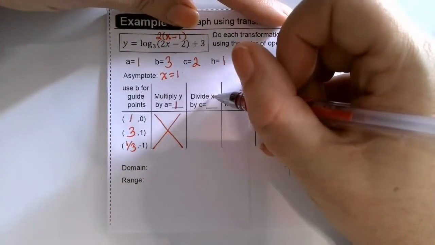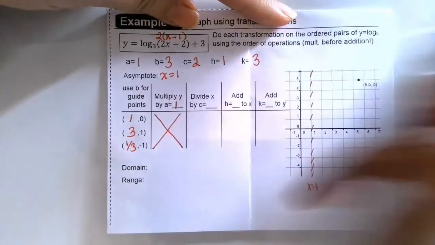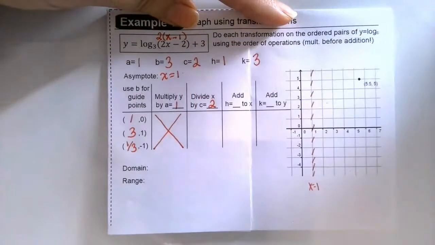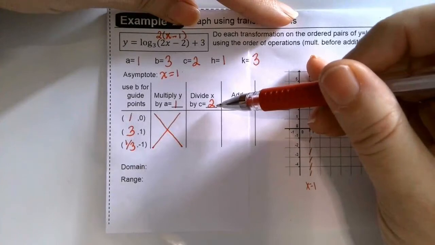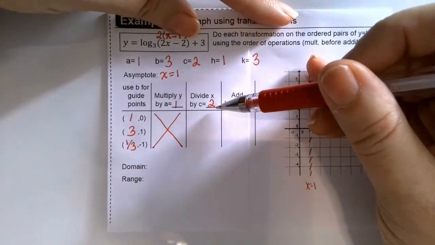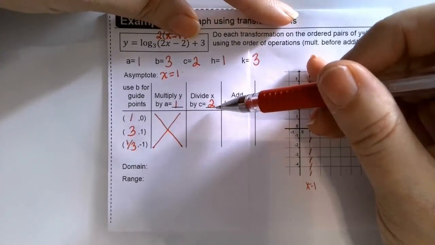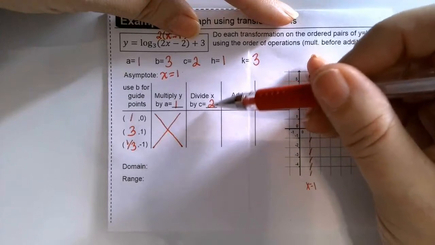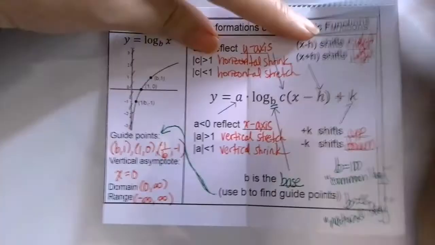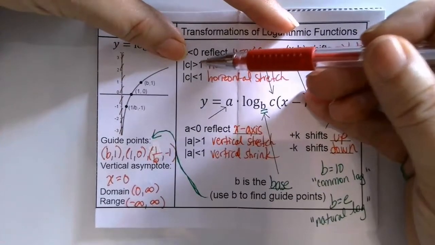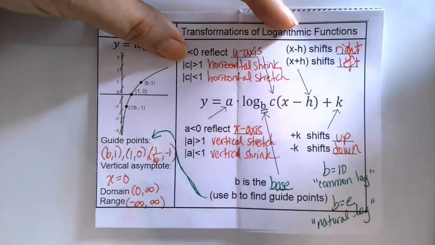So then we're going to divide the x by c, and our c is a positive 2. Okay, c controls horizontal dilations and reflections in the y-axis. So this c equals 2, if we look back here to our transformations, right, when c is an absolute value greater than 1, it's a horizontal shrink.